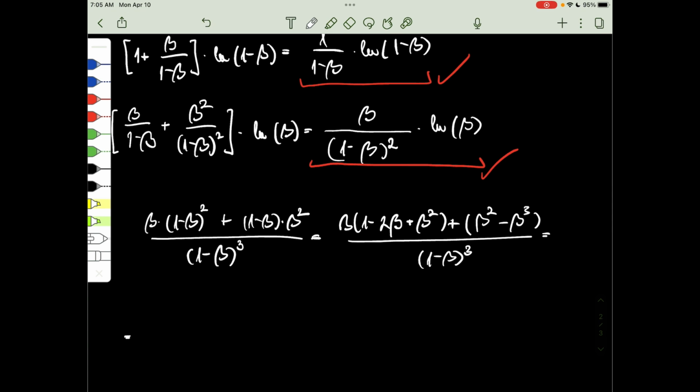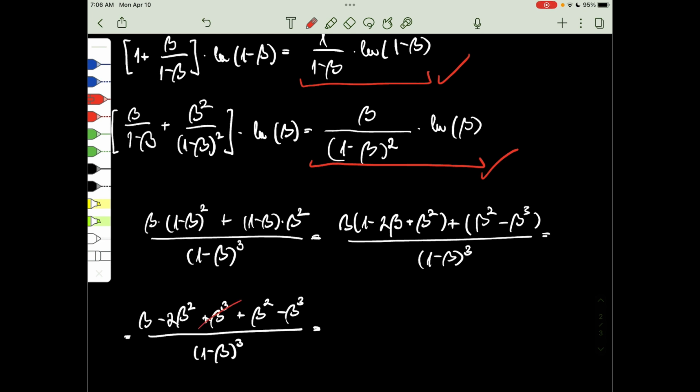Okay, let me double check. Yep. Some items can be simplified.